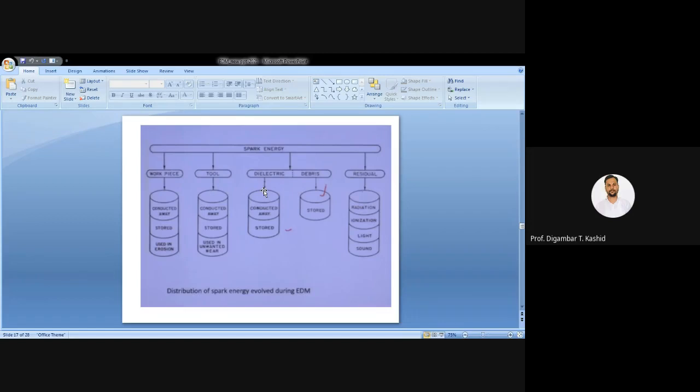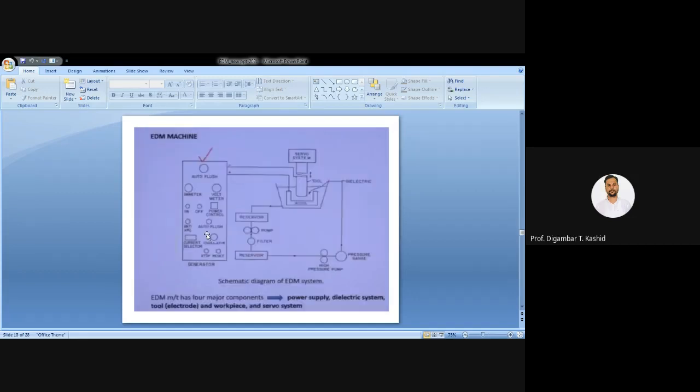The remaining heat may be in the form of radiation, ionization, light or sound. These things go on simultaneously when the spark happens, so the distribution of the spark energy will be like this. This is just for your information.